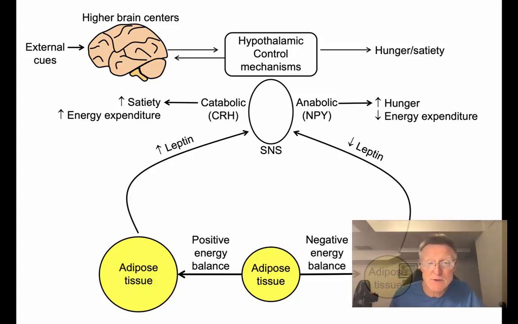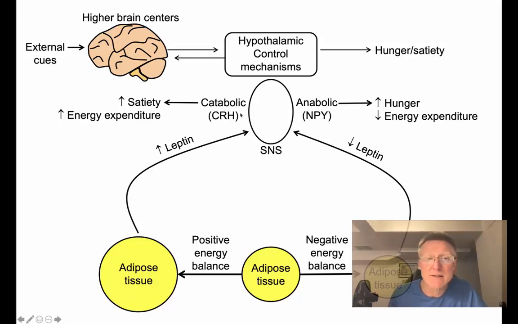So every time your adipose tissue grows bigger than this pre-established, pre-programmed amount of fat that you should have, you increase the release of leptin. Leptin travels to your brain and activates the catabolic center.